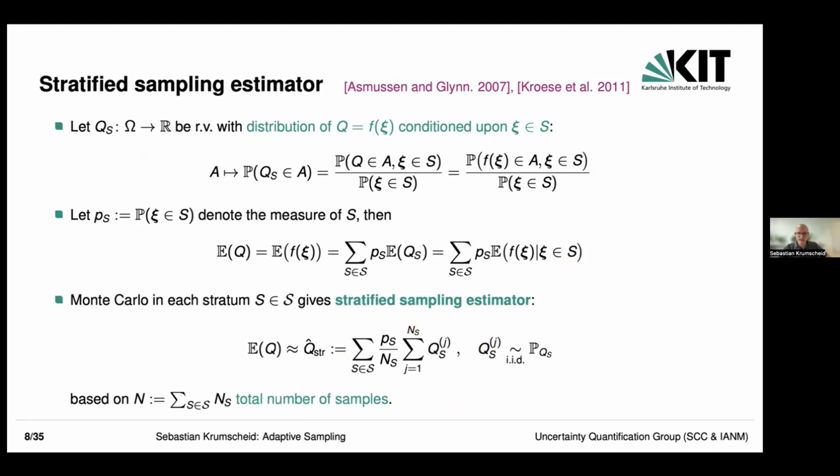We're sampling IID from our conditional distribution Q_S. In each stratum we now have a degree of freedom in how to choose our number of samples, N_S. The total number of function evaluations we have to do is capital N, which is the sum of all the function evaluations or samples in each stratum. Good. So far, so good.